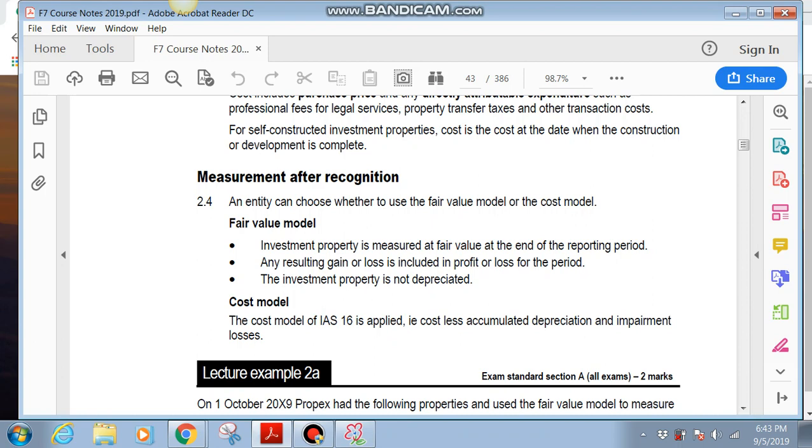Okay. Take note of the difference with IAS 16.